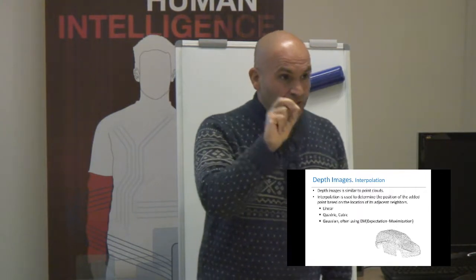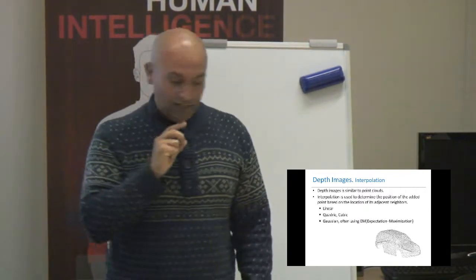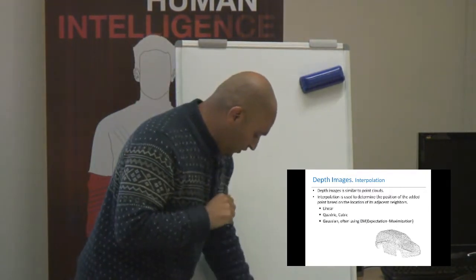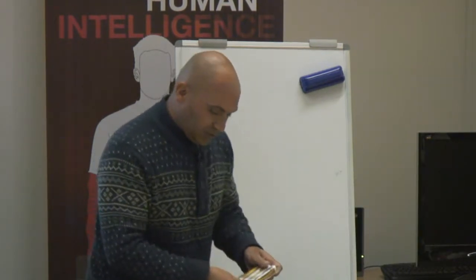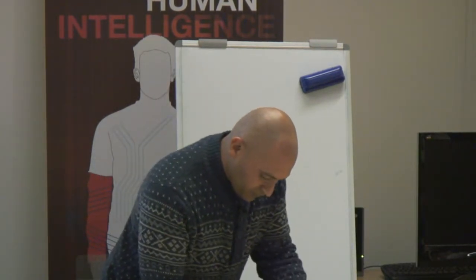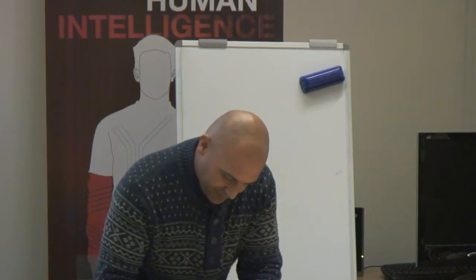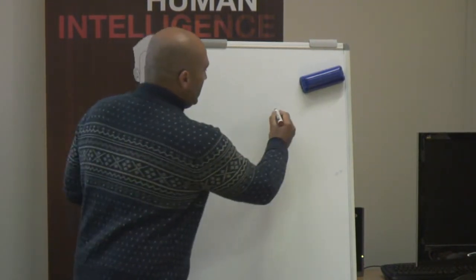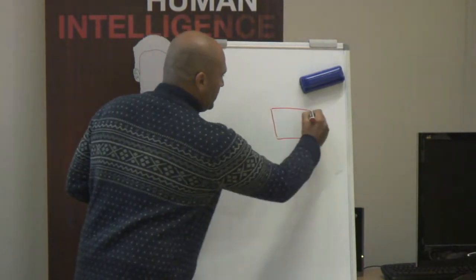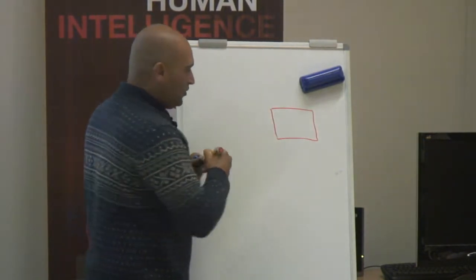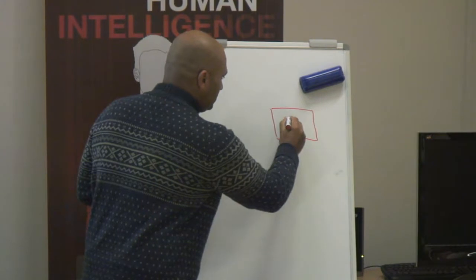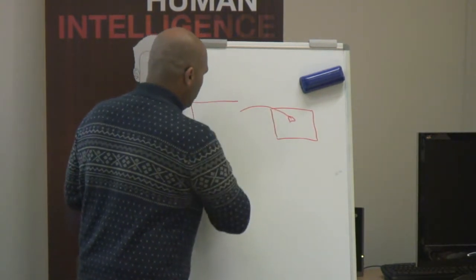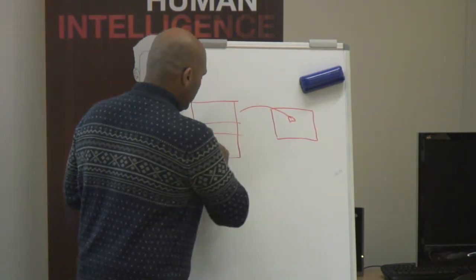To refresh your memories, in our image transformation, we have an image, we do a back projection, and this is the pixel, and we want to say where this pixel came from in the original image.